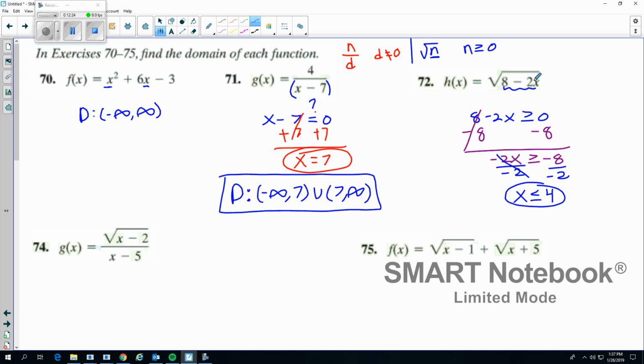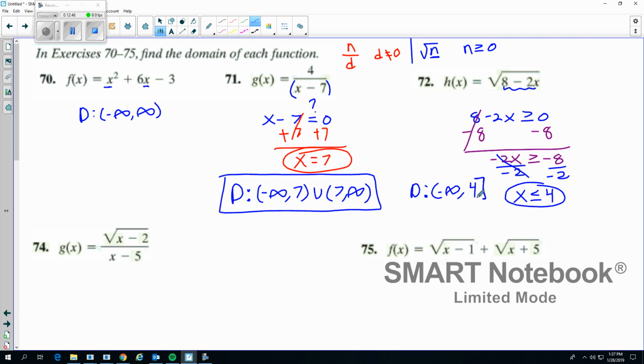So the condition is my values need to be less than or equal to 4 in order for my solutions to come back how I want them. The way we're going to write that domain is everything less than or equal to 4. So that means all the negative numbers, negative infinity, all the way to 4.